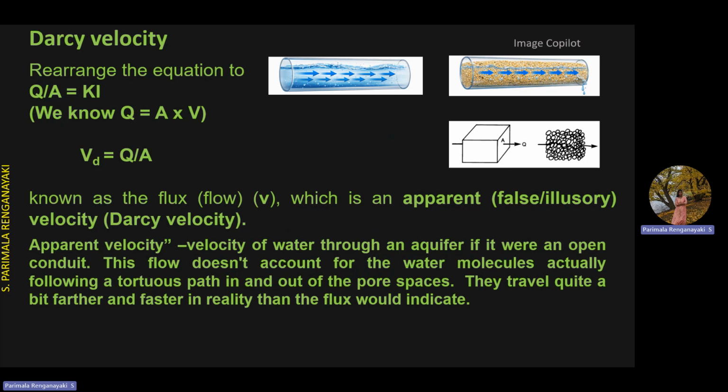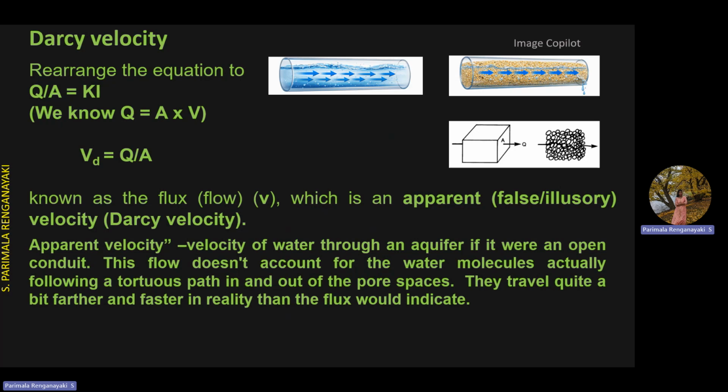But the flux does not account for the water molecules actually following a tortuous, zigzag path in and out of the pore spaces. They travel quite a bit farther and faster in reality than the flux would indicate. That is why this velocity is called false velocity or apparent velocity.